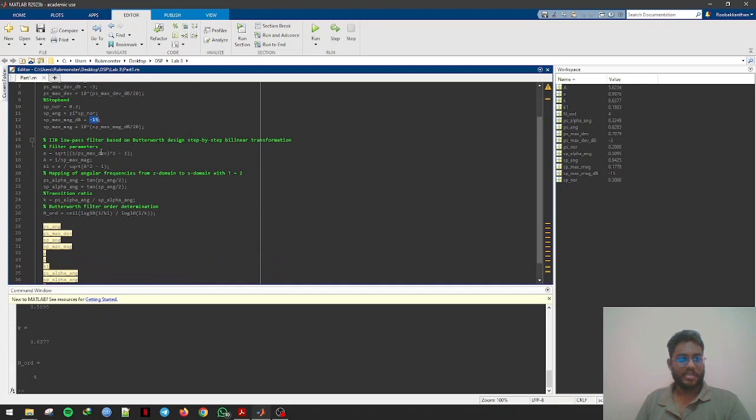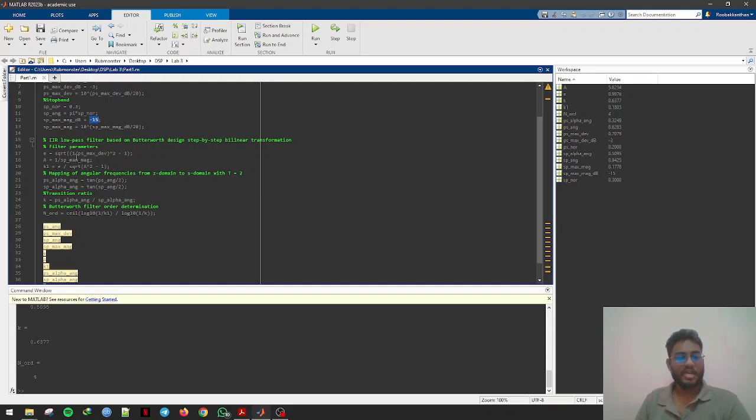For the filter parameters, E is calculated as the square root of 1 over PS max squared minus 1. A is set to 1 over SP max. For K1, E over the square root of A squared minus 1.